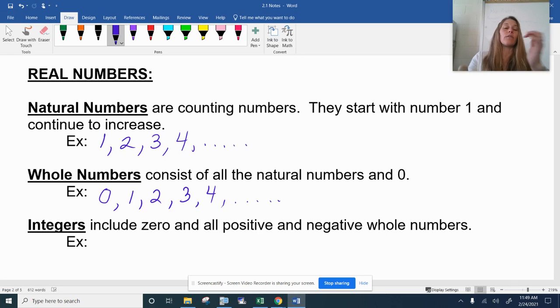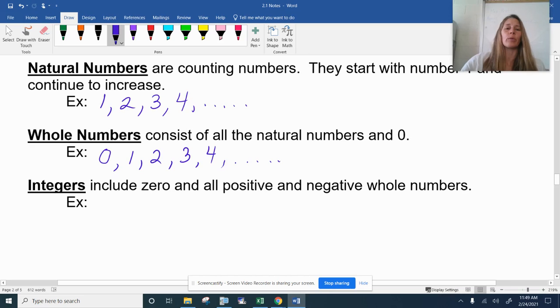For instance, if I had 3 cookies and then somebody ate the 3 cookies, I now have 0 cookies. I have no more left, right? So it just takes the natural numbers one step further. And that's kind of what you do in elementary school. You learn about subtraction and addition, and things can equal up to 0.